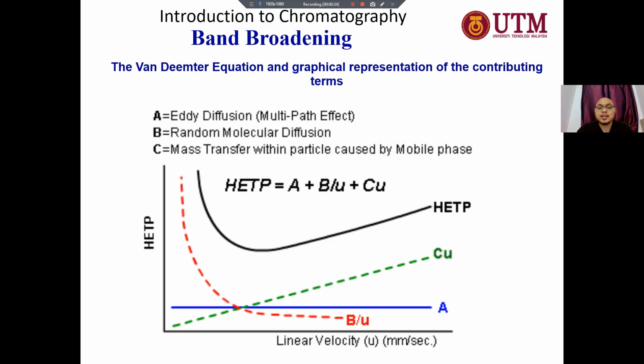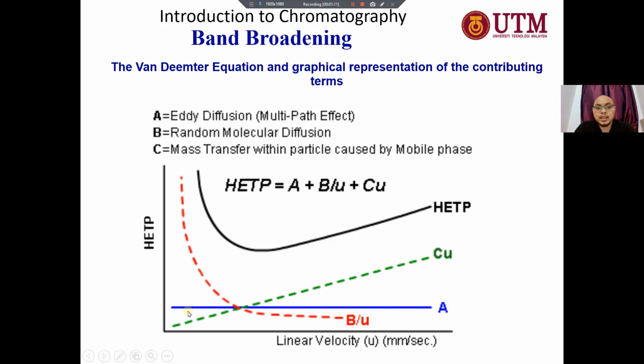As we know, the lower the HETP, the better it is. Here we have A, B, and C. A is for eddy diffusion or multiple path effect. B is random molecular diffusion. And C is mass transfer within the particle caused by the mobile phase.